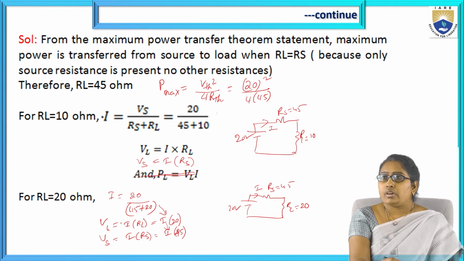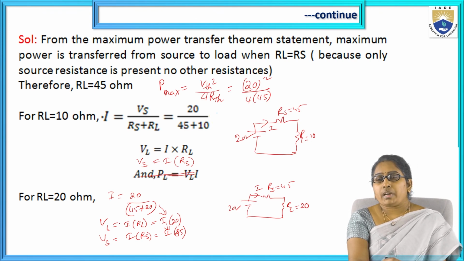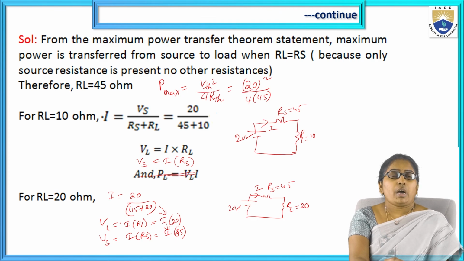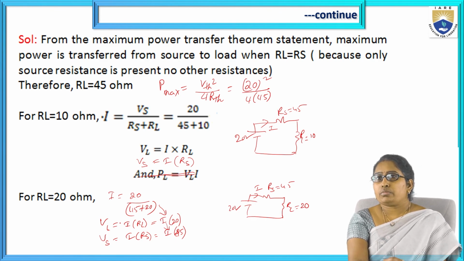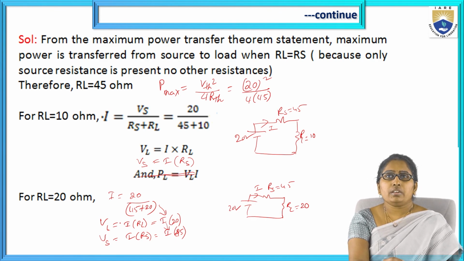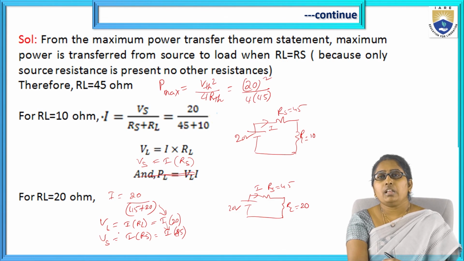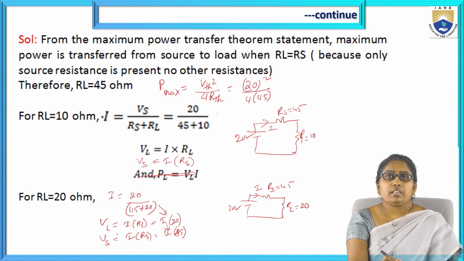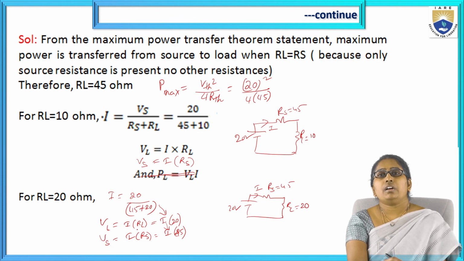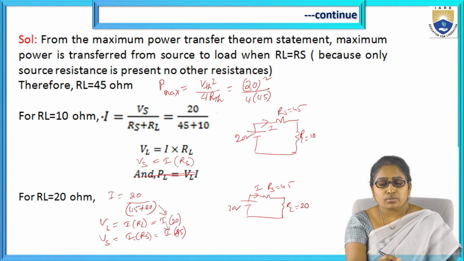Then RL is equal to 60 ohm, current in the circuit, voltage drop across the load resistance, voltage drop across the source resistance. Next, RL is equal to, at last, 70 ohm, that is the maximum value given in the question. For that RL value, calculate the current in the circuit and voltage drop across the load and also voltage across the source.